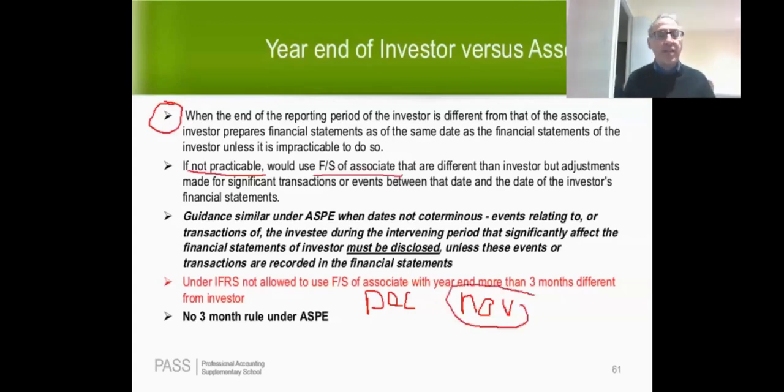It's November instead of December, even though it's different from the investor, but we would adjust for significant transactions between that date and the date of the investor statement.